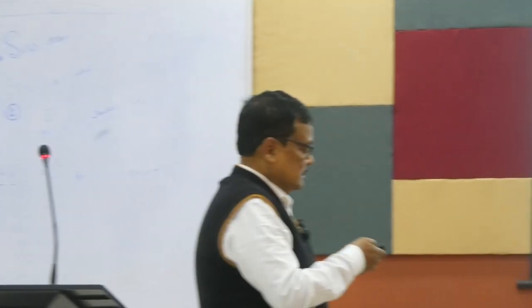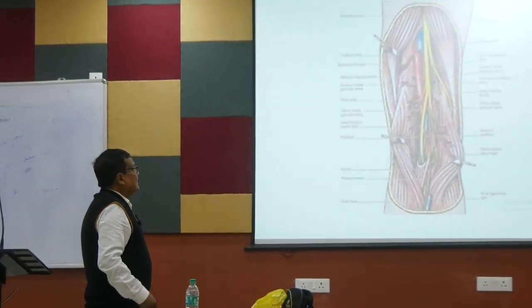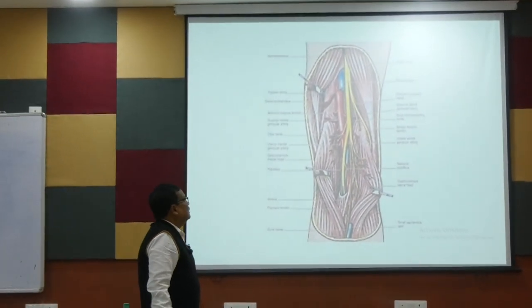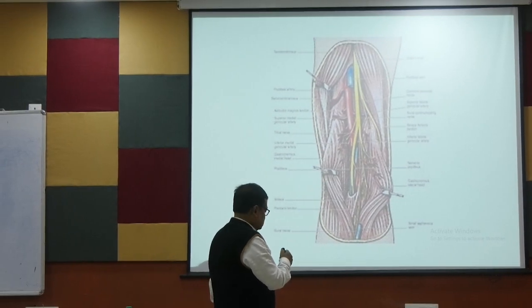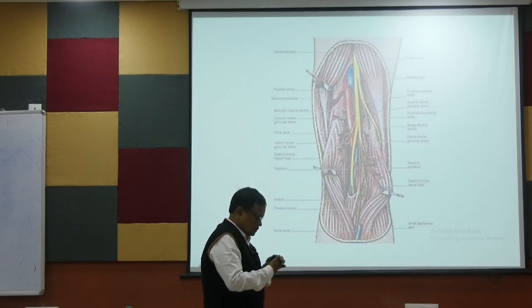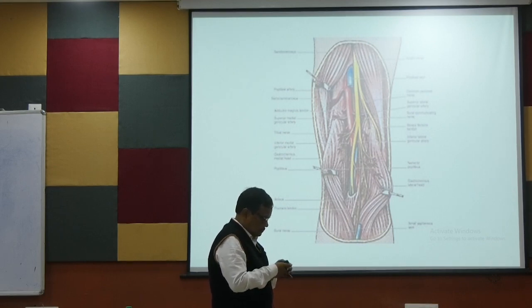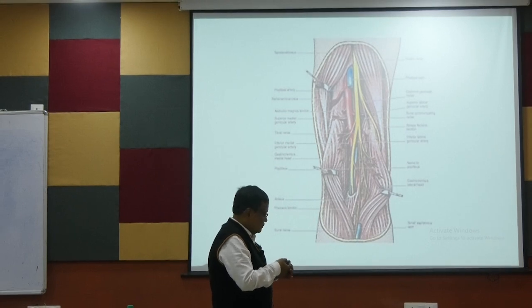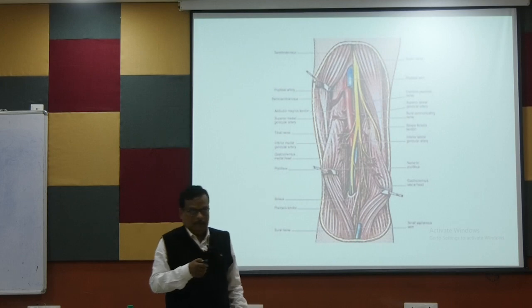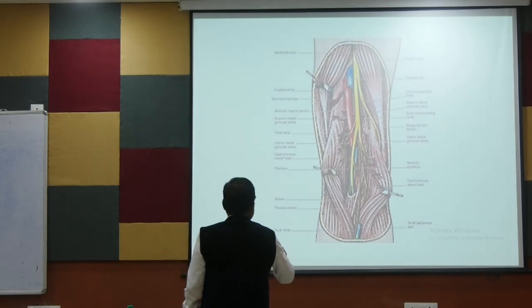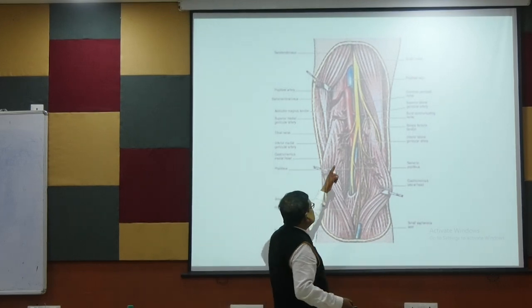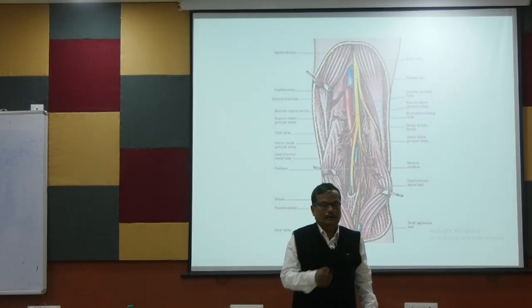Next, these are the nerves. This is the sciatic nerve, the yellow one.